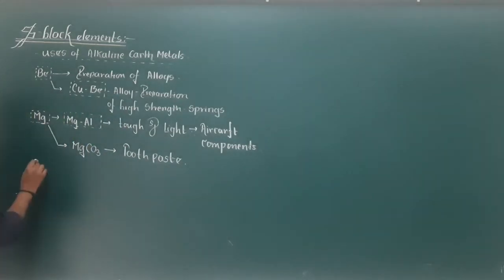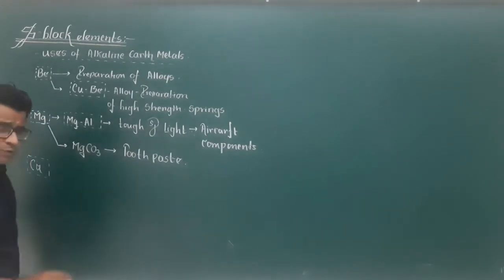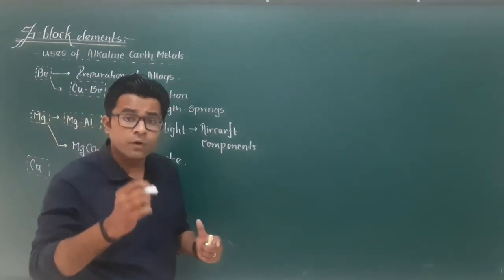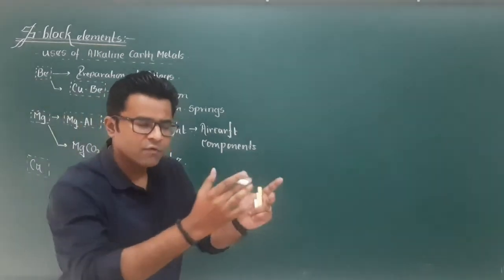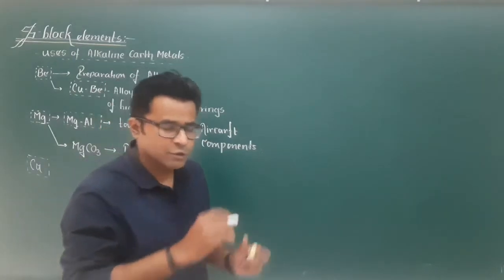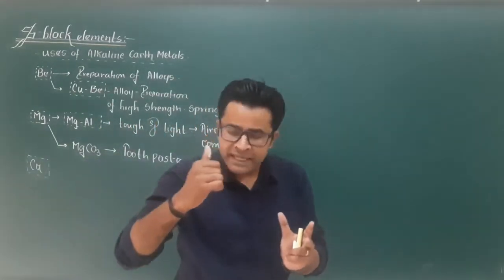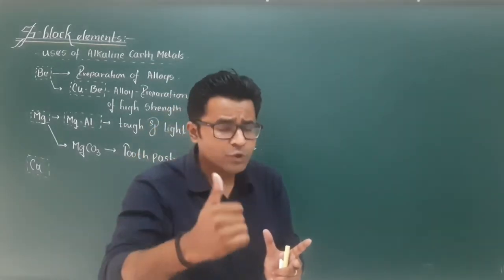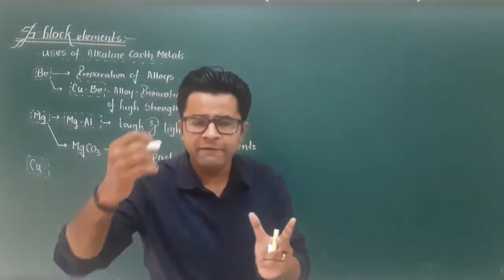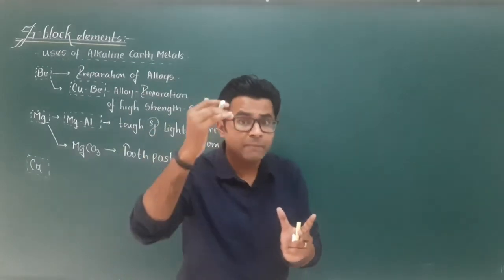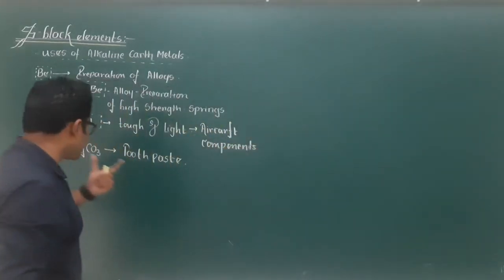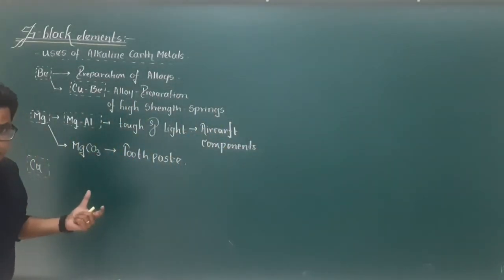If we look into the use of calcium, calcium is used in extraction of different types of metals from its oxide. But usually we use carbon in such cases, but in cases where carbon is not used or extracting a metal from an oxide using carbon becomes a tougher process, we use calcium over there.